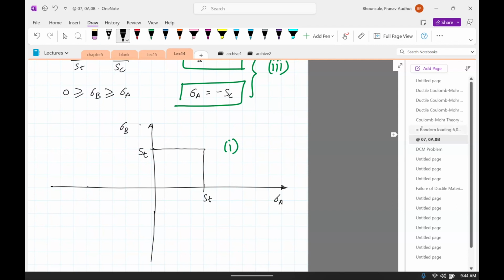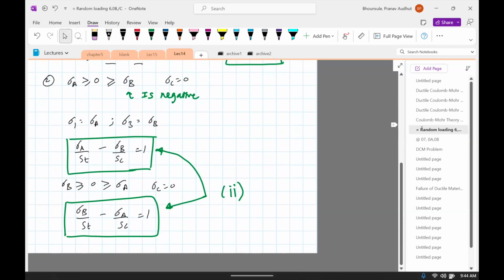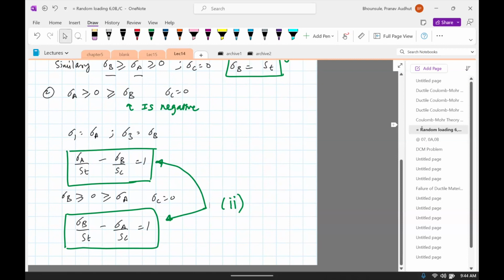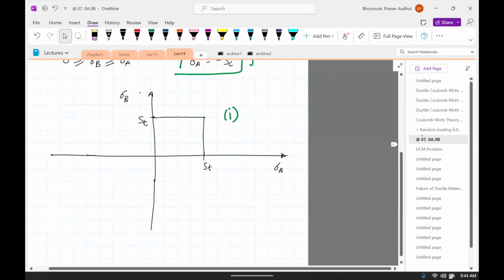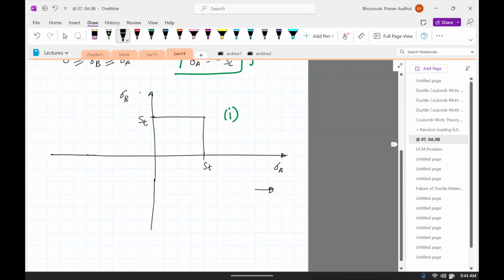Okay, now let's look at equation 2. Equation 2 is these two equations. Here you can see that sigma A is greater than 0, sigma B is less than 0. So if you go back to this, sigma A is positive, sigma B is less than 0, so it's in this quadrant.